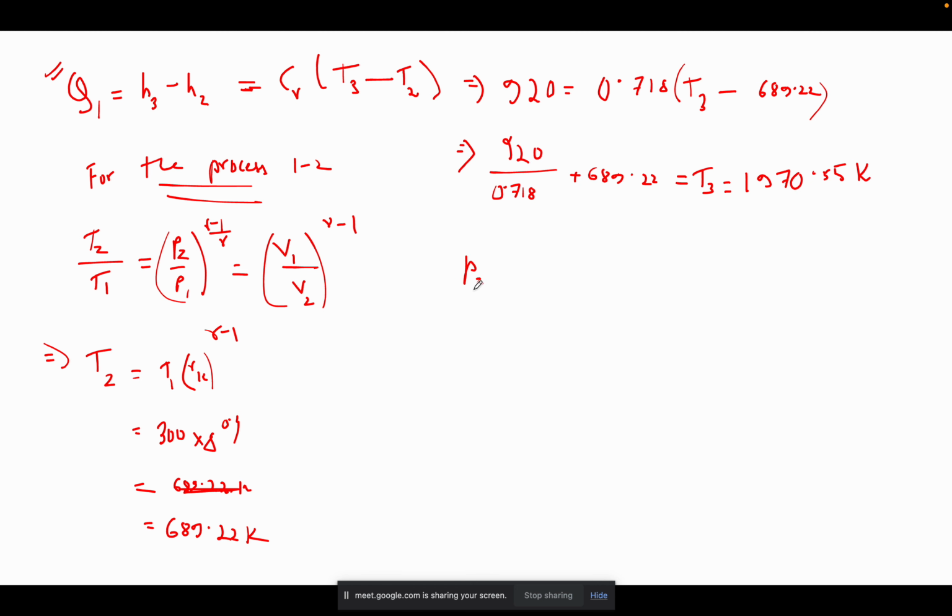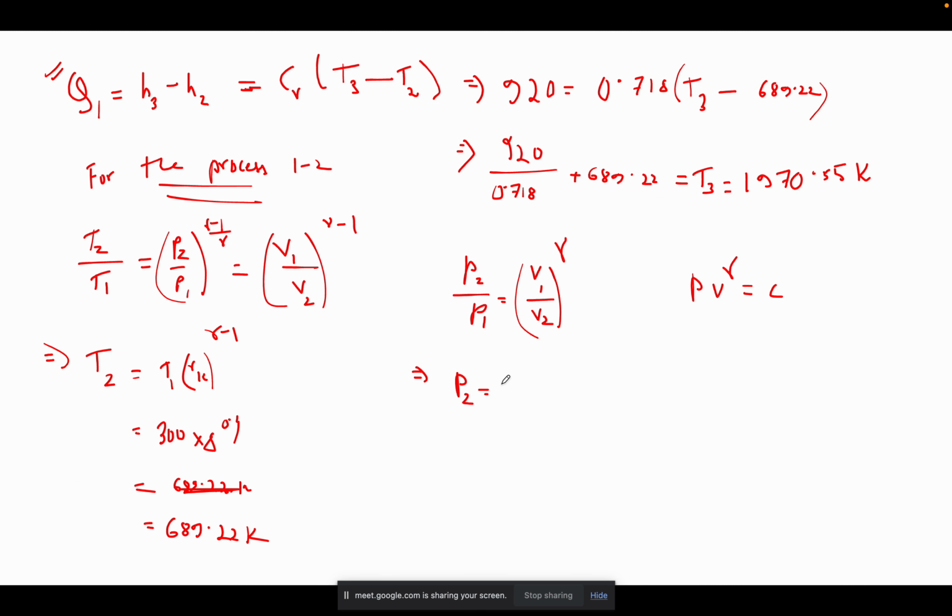We know that P2 by P1 is equal to (V1 by V2) to the power gamma. Yes or no? Because for an adiabatic process, PV to the power gamma is constant. So P1 V1 to the power gamma equals P2 V2 to the power gamma. Now V1 by V2 we already know, so P2 is nothing but P1 times that. What is P1?